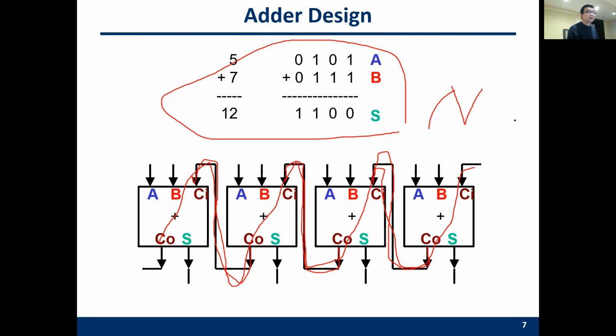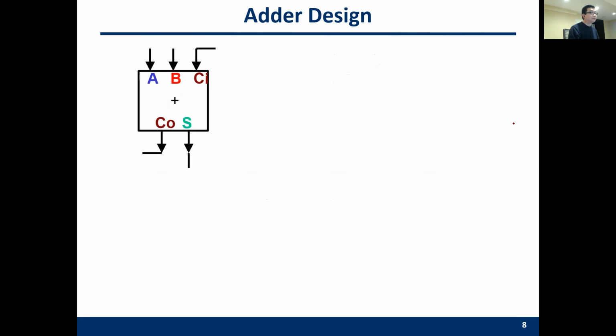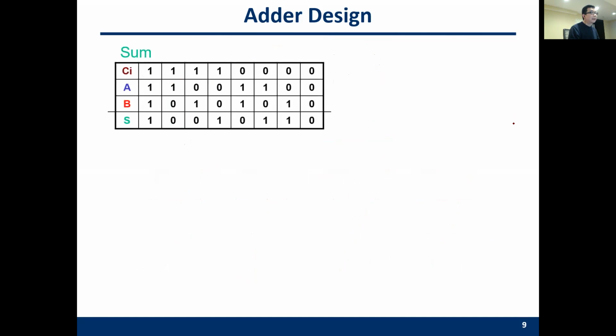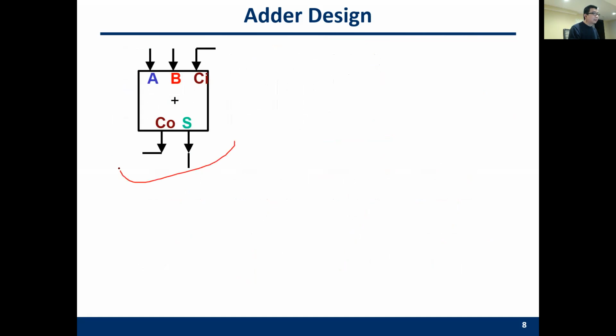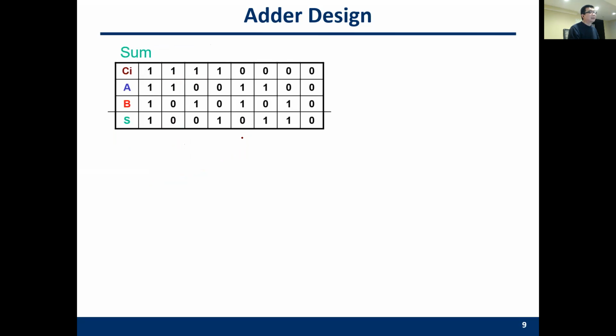The n is the bit width of your adder. For example, this is the 4-bit adder. And the key component is a 1-bit full adder. By full adder, I mean you have a carry in and a carry out. And this is one of the outputs, which is the sum.